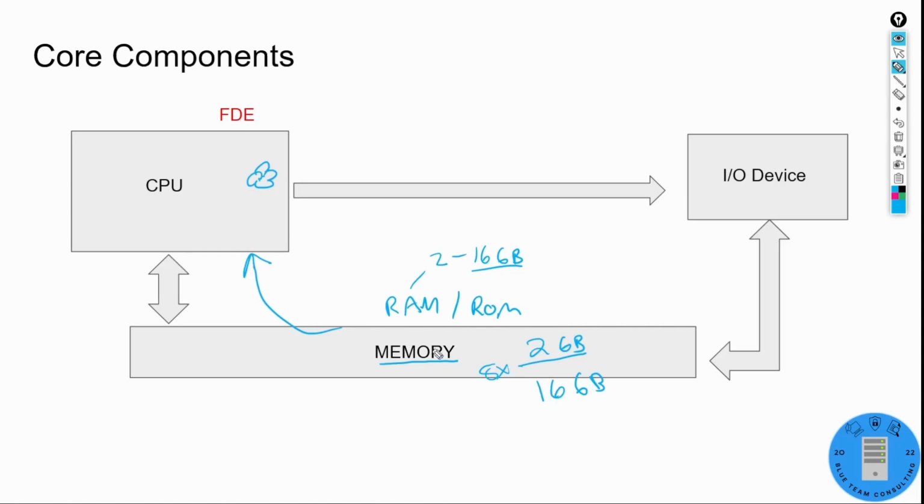So if you have more RAM sticks in your computer allocated to store the instructions, let's say we had a program running here, a second one, a third one, and a fourth one. Well, if you have 16 gigs of RAM as opposed to maybe 2, you're able to feed into the brain more instructions at once.